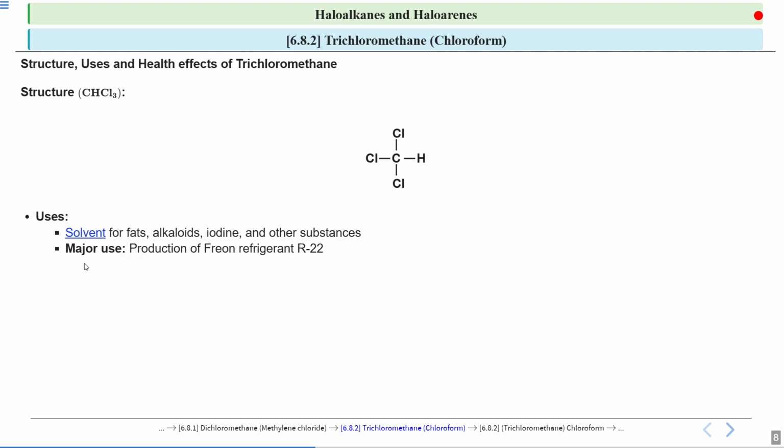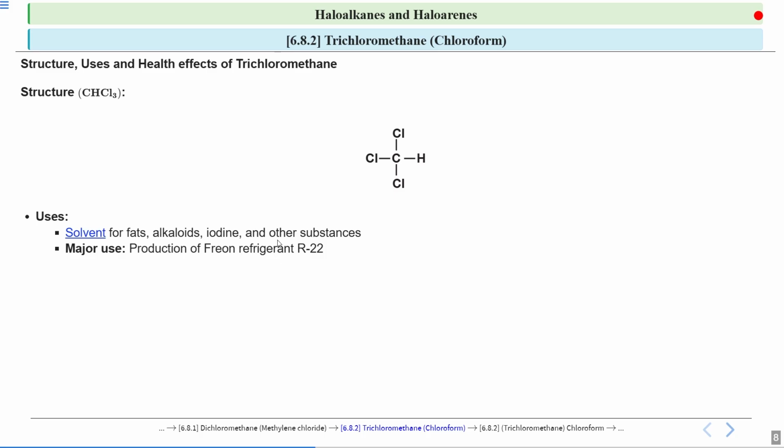The major use of chloroform is the production of freon, which is the refrigerant R22. It even has a name, R22. So for the production of freon refrigerant R22, specifically this type, we use chloroform, and it is the major use of chloroform. Freon is basically a refrigerant.